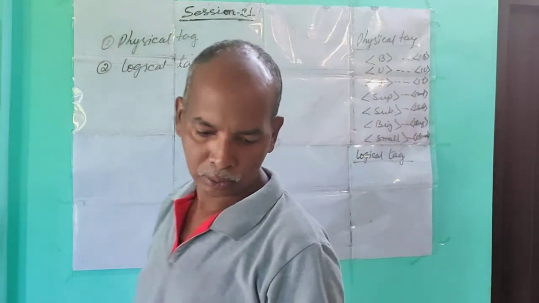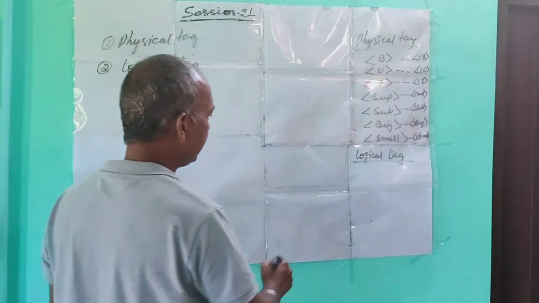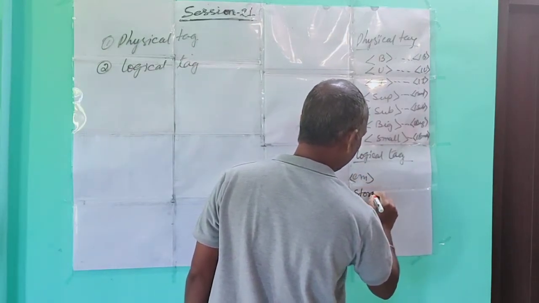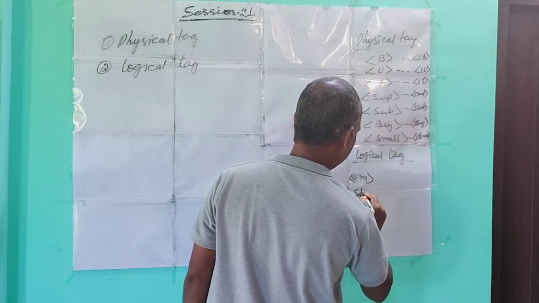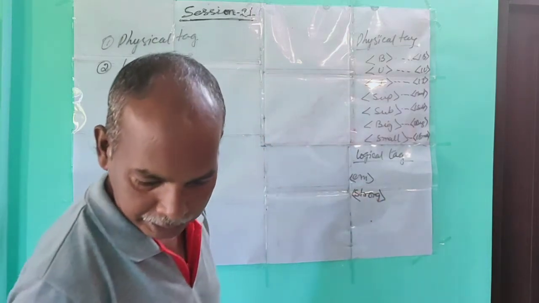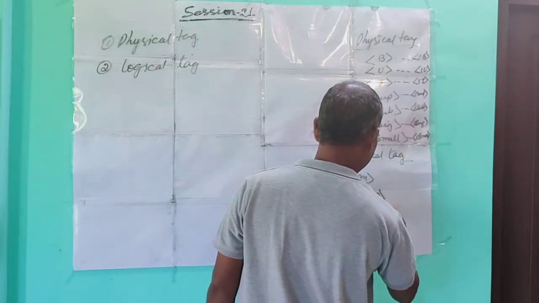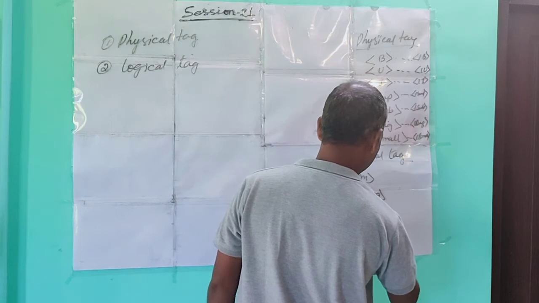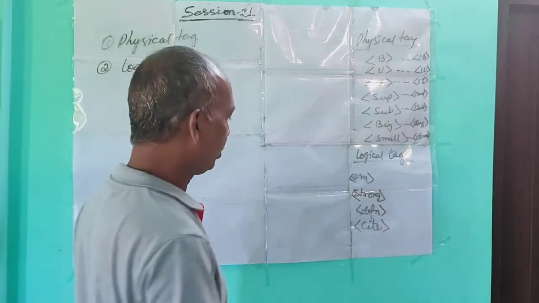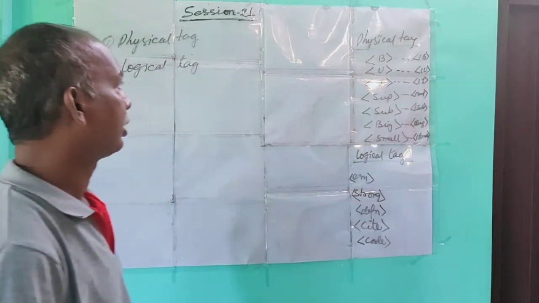Under logical tag, we will get emphasize, strong, EM, strong, EM for emphasize, strong, DFN definition, DFN, cite, definition, citation, and code. So these tags come under the category of logical tag.